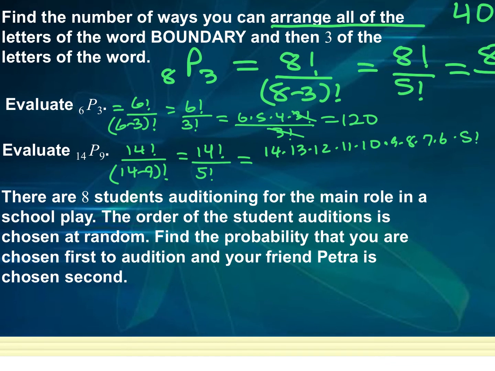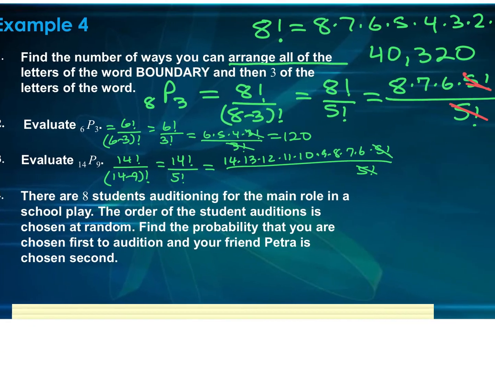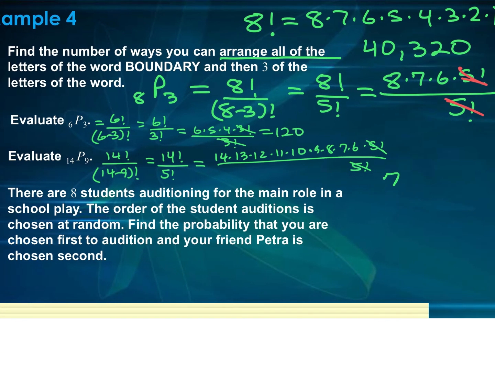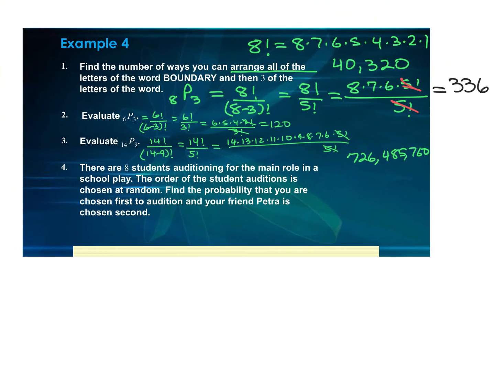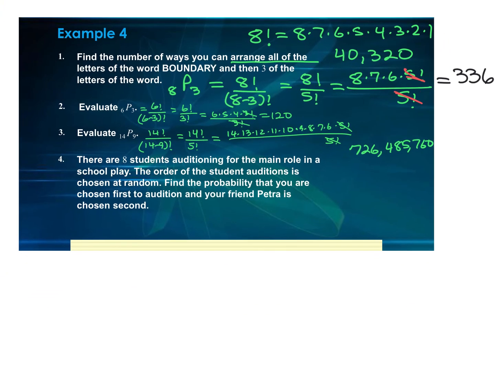And then I'll stop at the 5 because I can cancel the denominator. And now I need to multiply all those numbers. And I get a really big number here. I get 726,485,760.